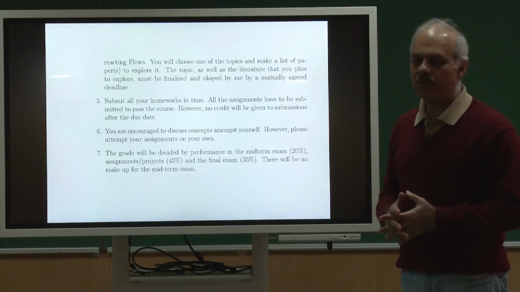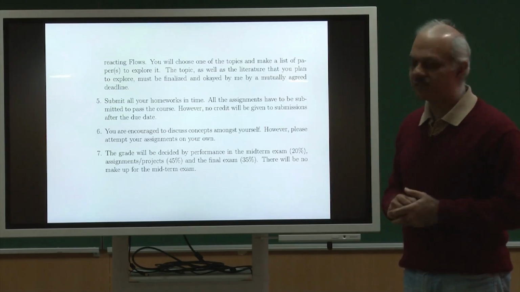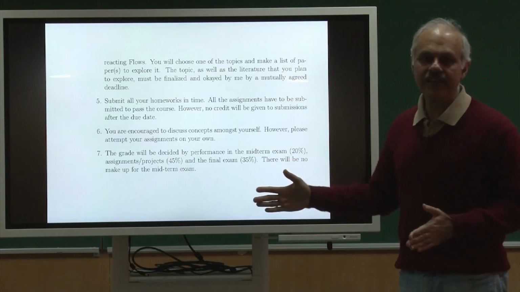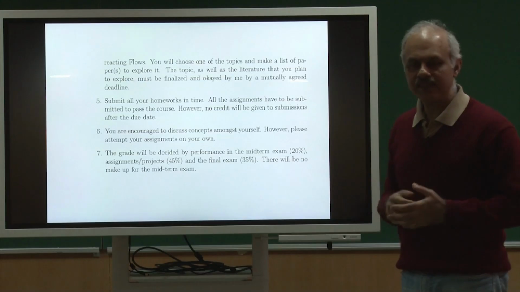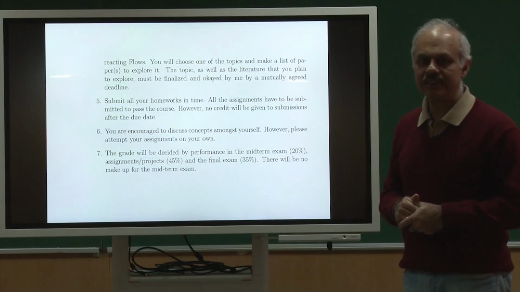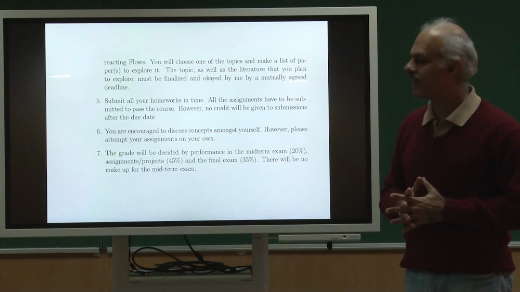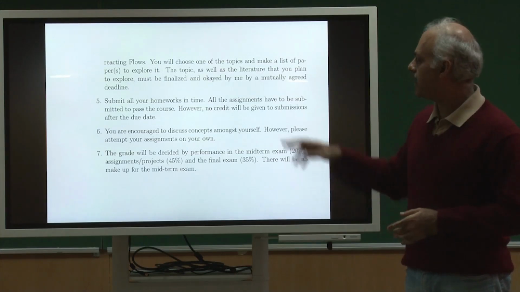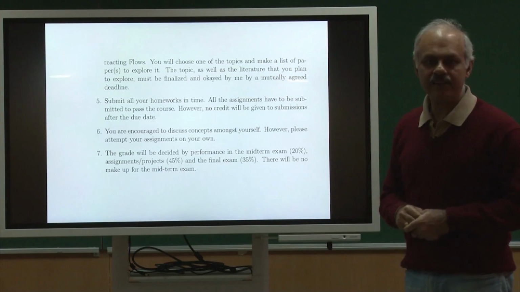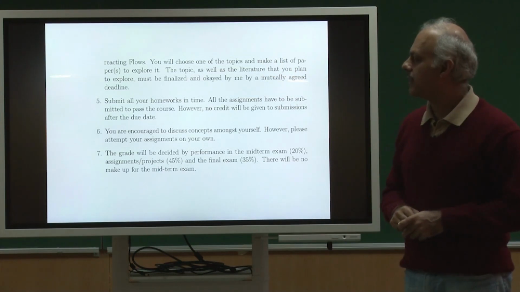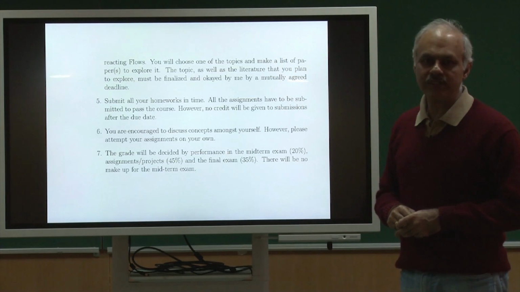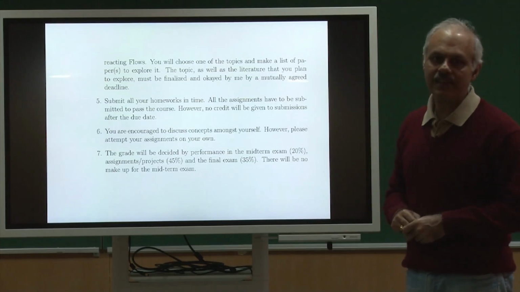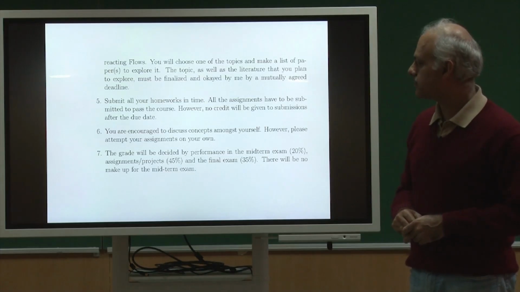Many a times, because this is something extra, a term paper, it is very tempting to push it to the very end and then hurry up just a little bit before the date of presentation and put things together. Okay? I want to avoid that. So by implementing this kind of scenario, I think I will end up forcing you to look at these topics well in advance and plan your presentations.